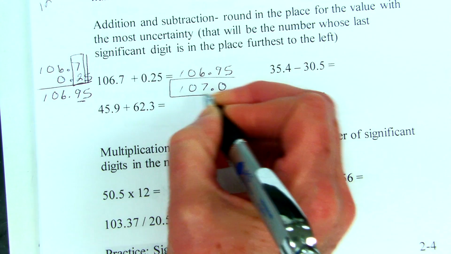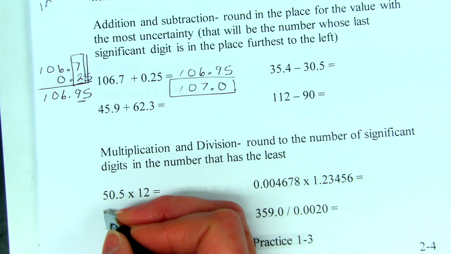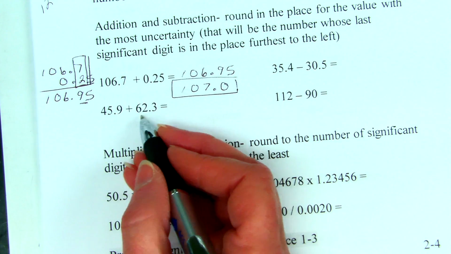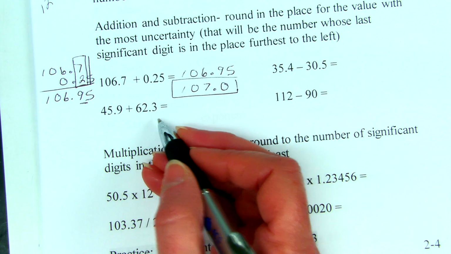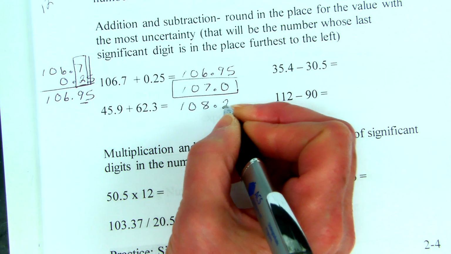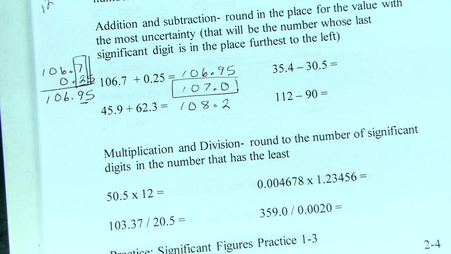So that's what I would report, because I round to even. Okay, let's look at the next one. 45.9 plus 62.3. I get 108.2. So what do I do with that?